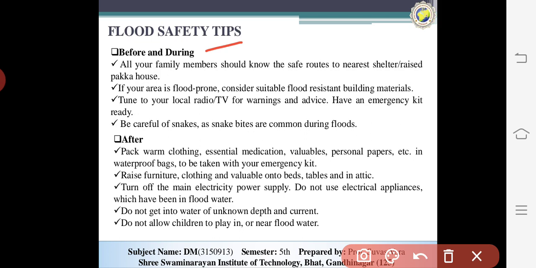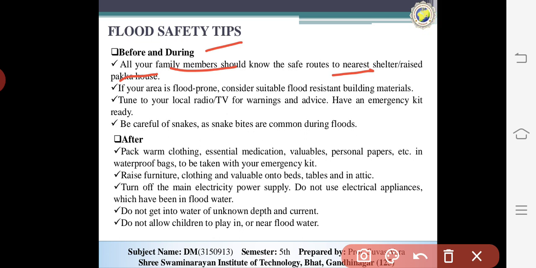Before and during, your family members should know the safe routes to the nearest shelters or pakka houses. It means that when floods occur, you can go to the terrace of your house or the hilly areas nearest to your houses and residences.